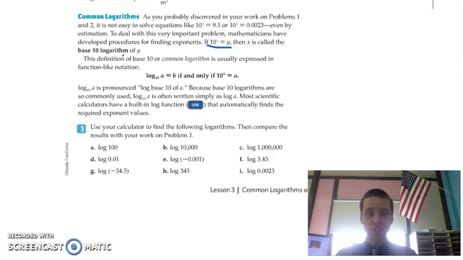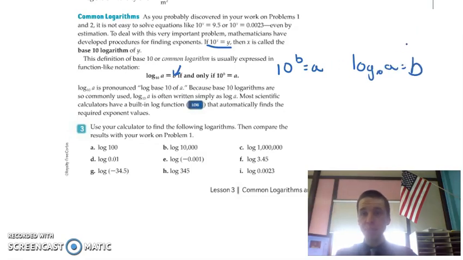And here's the definition. Log base 10 of a equals b, if and only if 10 to the b equals a. And so we can rewrite this, and you'll notice that b is the answer. So 10 to the b equals a, and that tells us that log base 10 of a equals b.